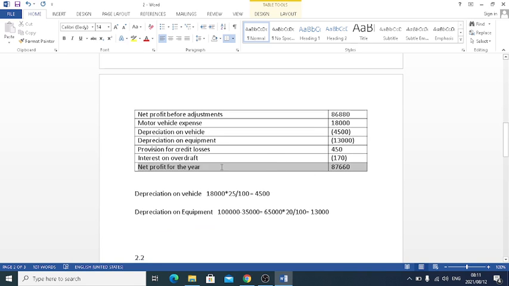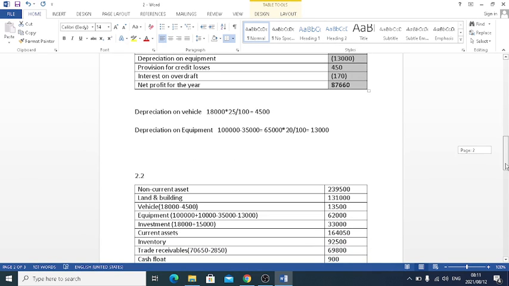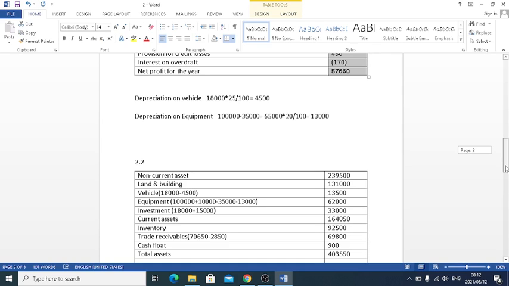And this is our net profit for the year: 86,880 plus 18,000 minus 4.5 minus 13,000 plus 450 minus 750 equals 87,660.